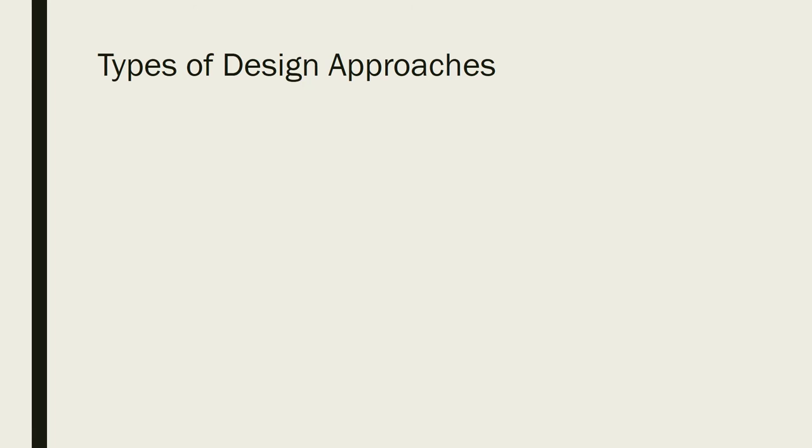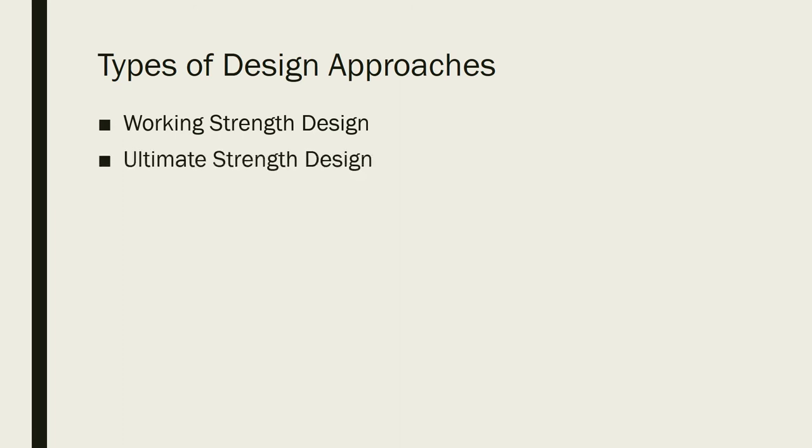So here we are discussing the design approaches. Now let us try to see how to design our concrete members. There are different design approaches: working strength design, which is also known as WSM, the working stress method, then ultimate strength design or ultimate stress method, and limit state design.